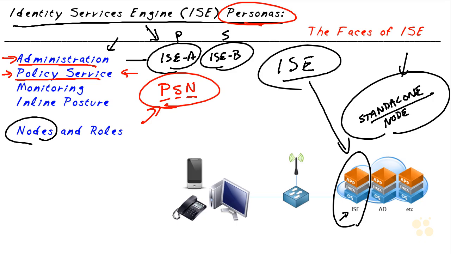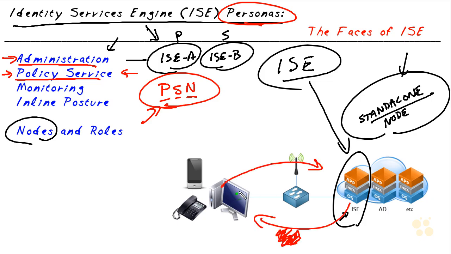And in a large environment, it's very likely we're going to have more than a single node that's implementing the policy service. For two reasons. One, for fault tolerance, and secondly, we might just have too much of a load for a single server to handle all by itself.